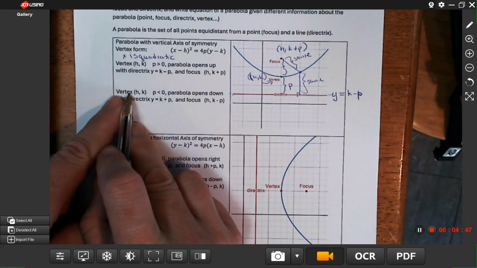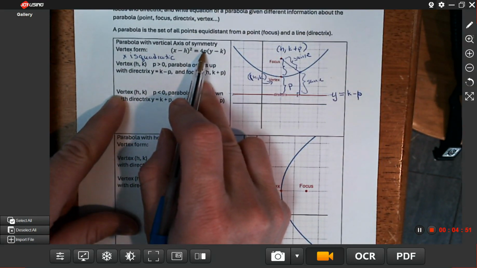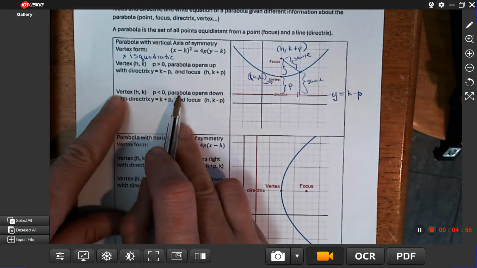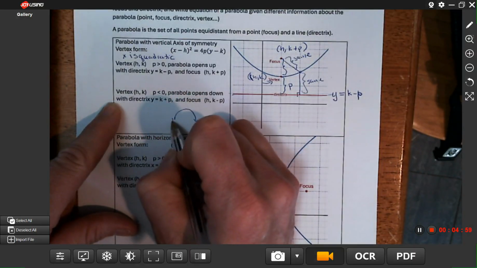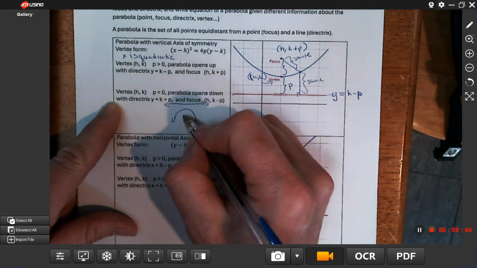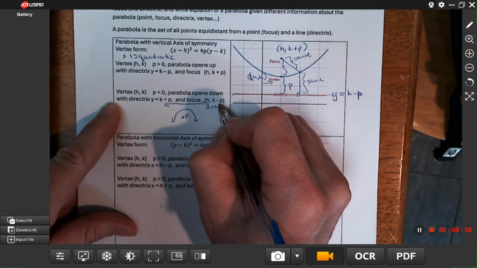Now, notice when p is negative, so that value is negative, many things are the same, but the parabola opens down, which means that the directrix is going to be above and the focus is going to be here.